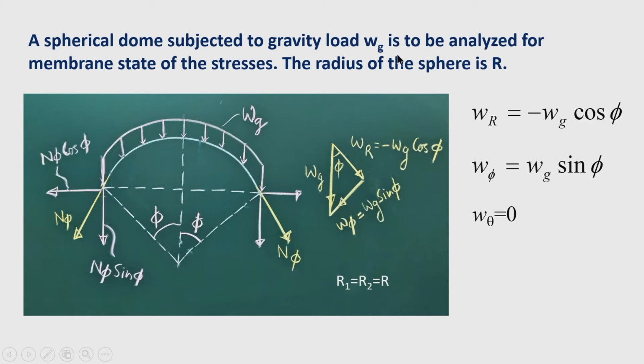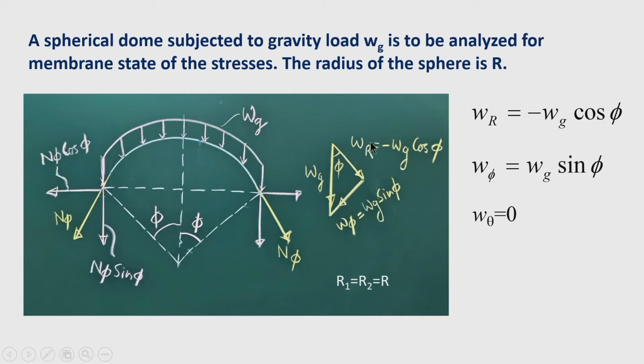So, we take only the component along the radial direction, W r, and along the meridional direction, W phi. This phi is the angle you are seeing here, measured from the vertical axis of rotation. Therefore, W r equals minus W g cos phi.